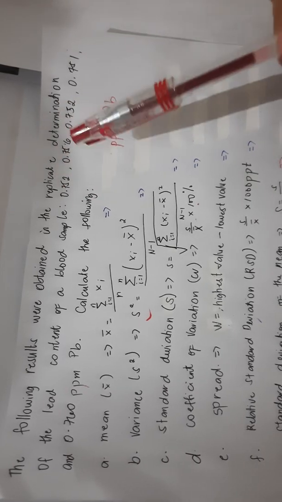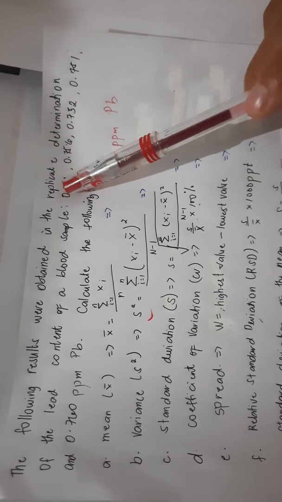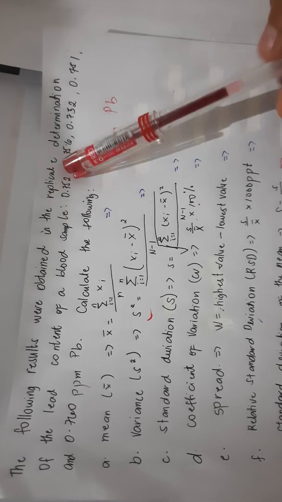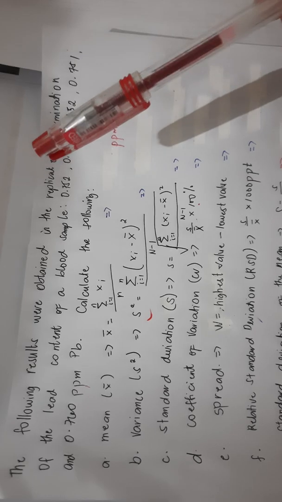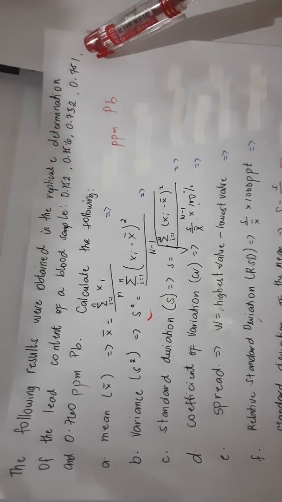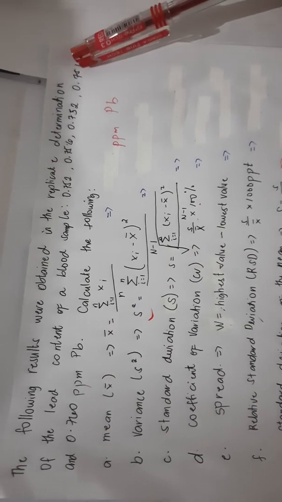Here in this case it's 5 times, so we have 5 samples, in test tubes A, B, C, D, or E.